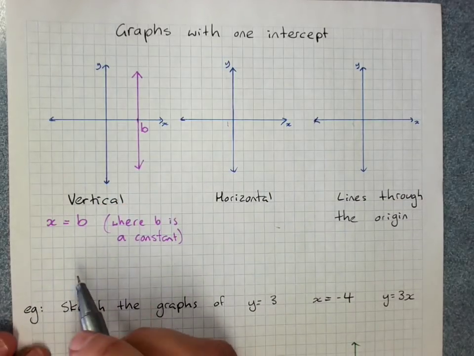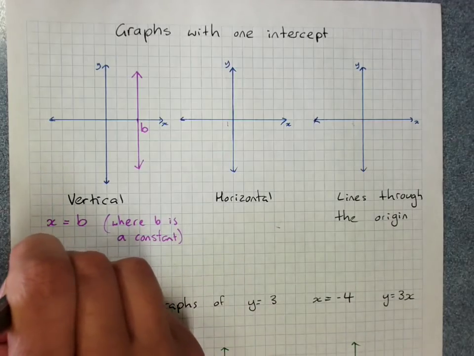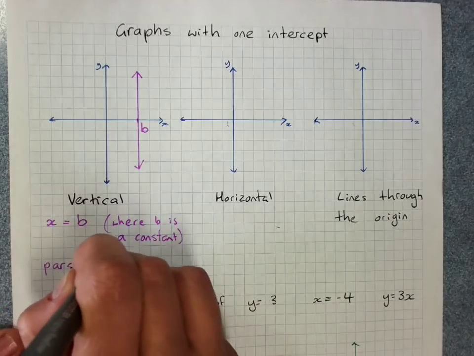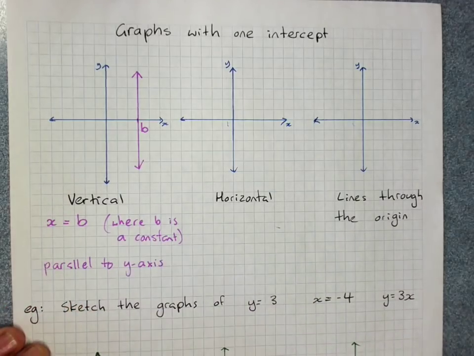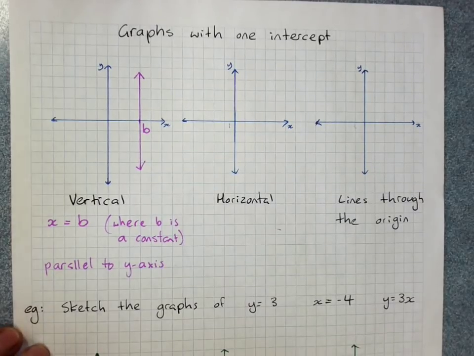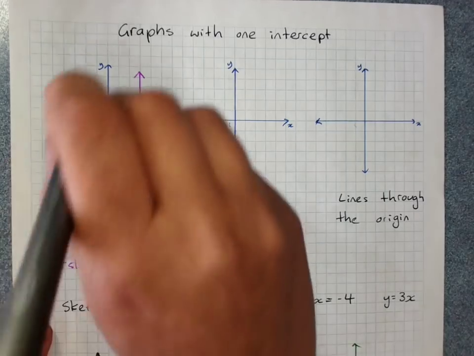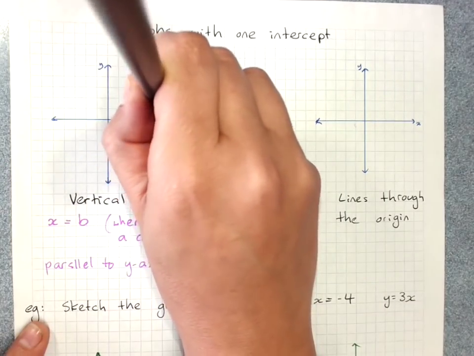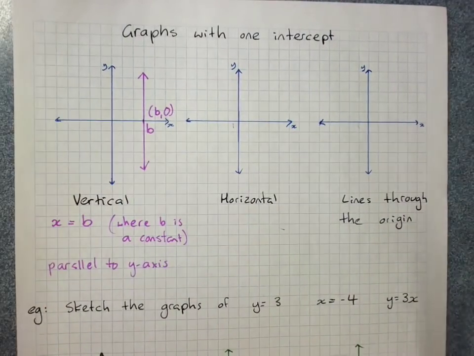It is parallel to the y-axis. So if anyone says a line is parallel to the y-axis, you know it is a vertical line. And its x-intercept coordinates are (b, 0), where that number is the x-intercept, quite obviously.